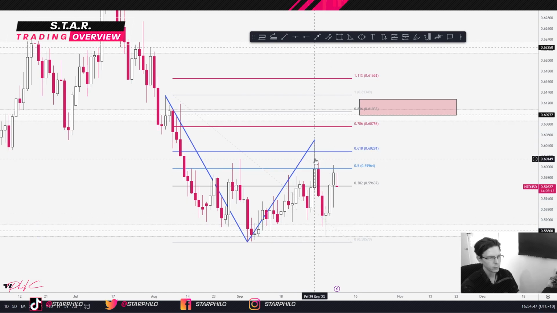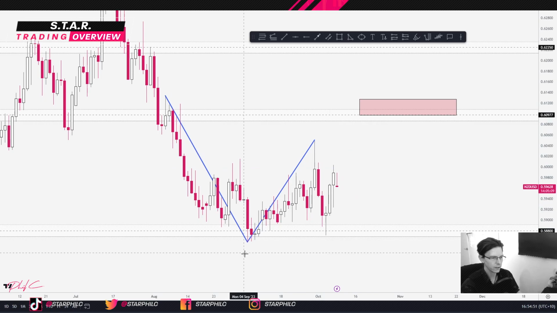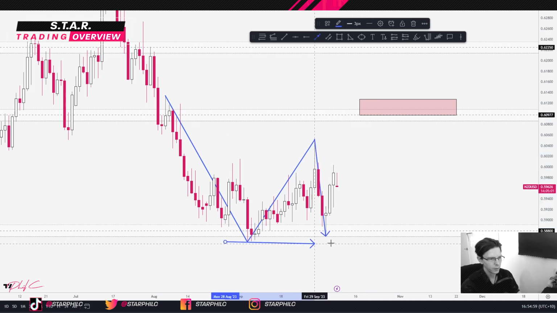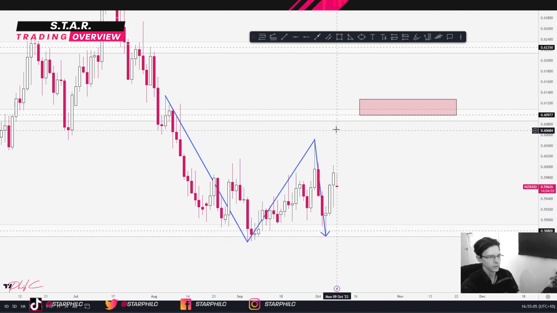We need price action to pull back into a 618, but not violate the lows down here, which we don't. Price action comes down, giving us a new low here, but we stay above a previous low right down here. Okay. So now we have condition 1 at the 618.